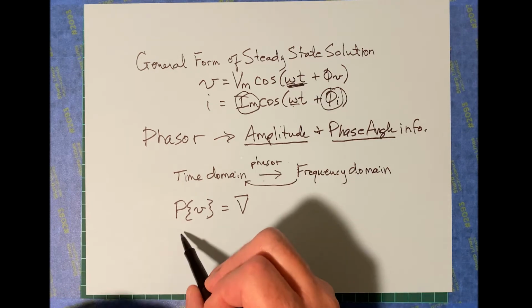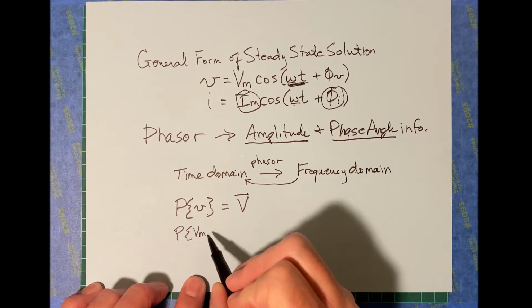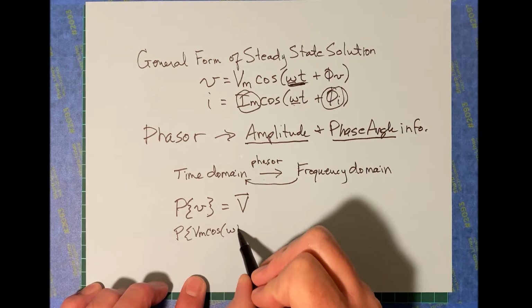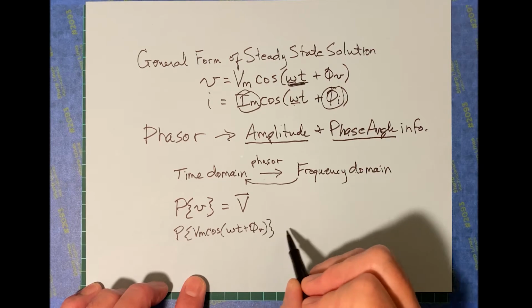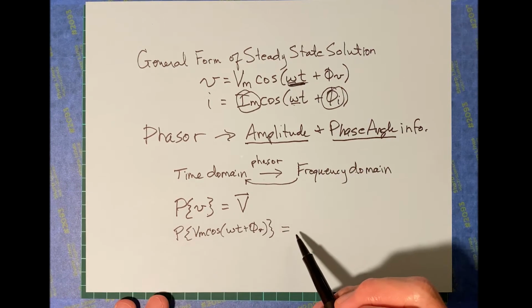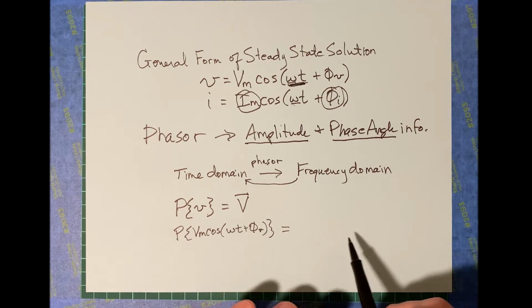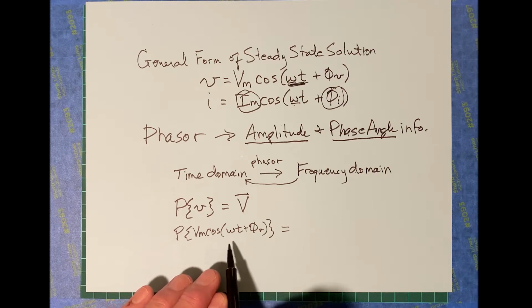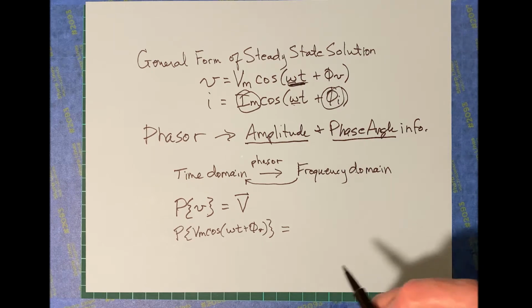Okay, so the phasor then of V is, we're feeding into this phasor transform V sub m cosine omega t plus phi sub V, and we're getting out of that a function that is in the frequency domain. So because what's on the left-hand side here is in the time domain, what's on the right-hand side is going to be in the frequency domain. Now, there's a lot of different ways to write this.